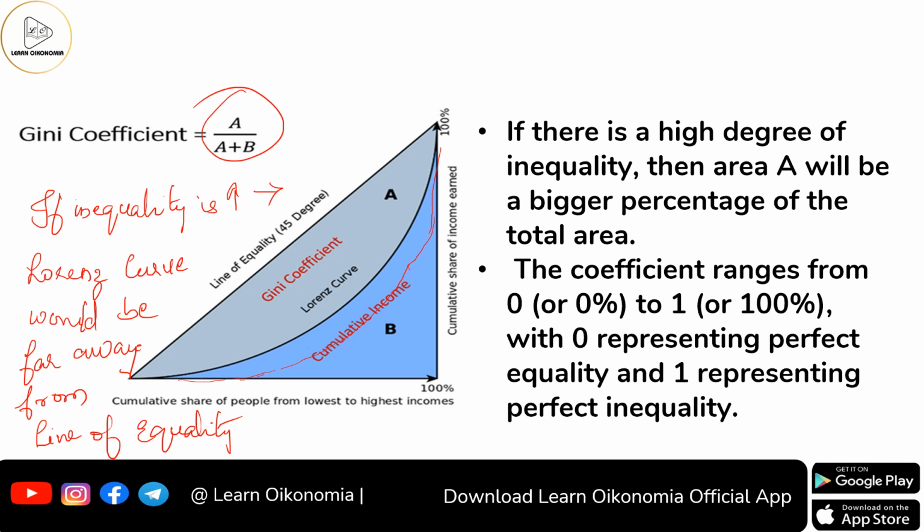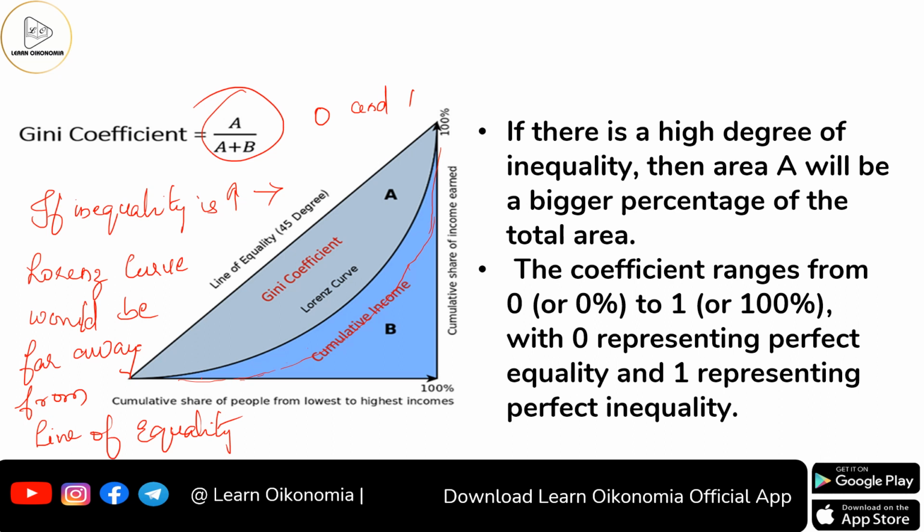Now let's consider the value of A by A plus B, which is the exact Gini coefficient value. This is a value that ranges between 0 and 1. The 0 represents perfect equality. That means the Lorentz curve would be similar to the line of equality.